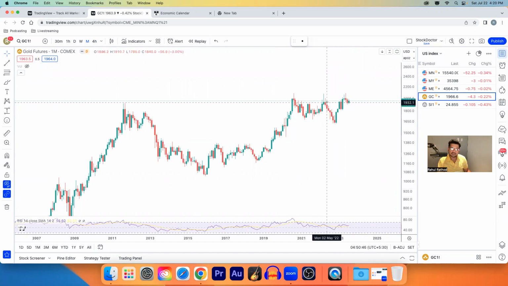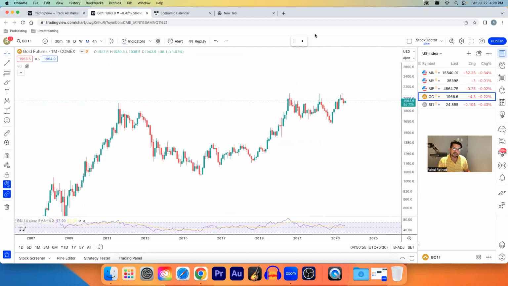So for gold, it's very clear. If it starts trading and sustaining above 2000 on the monthly time frame, then targets are very big. And as I mentioned before also, I am looking for a target of 2600 minimum, in a medium to long term view, that is between 6 months to 1 year.